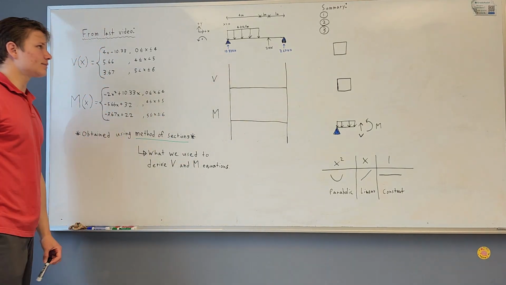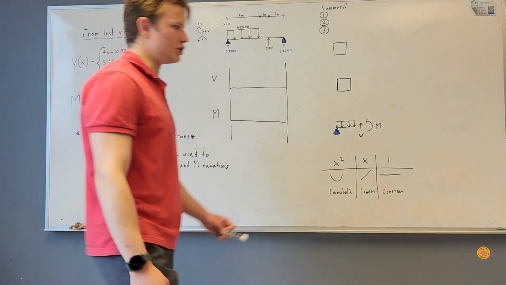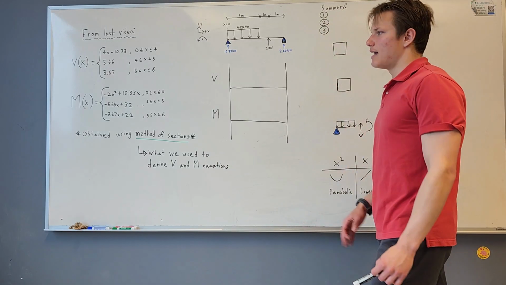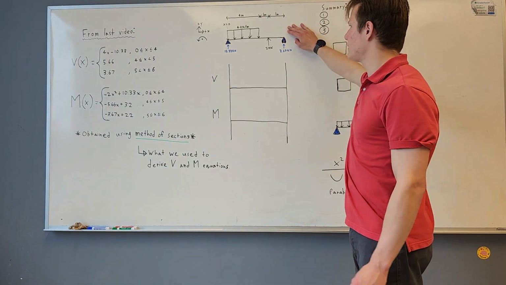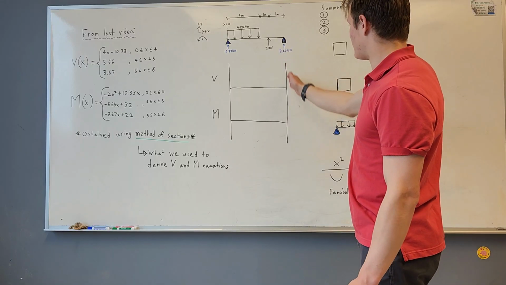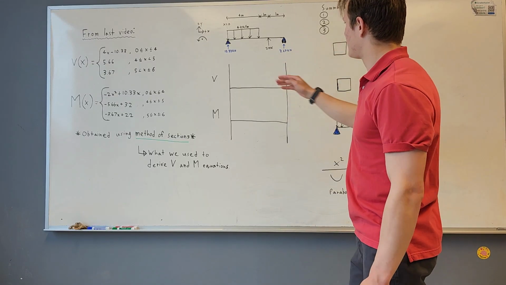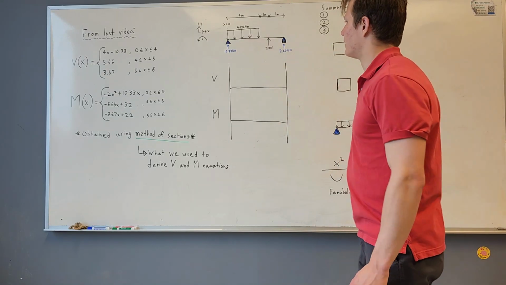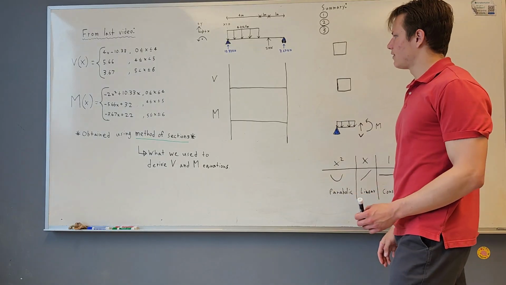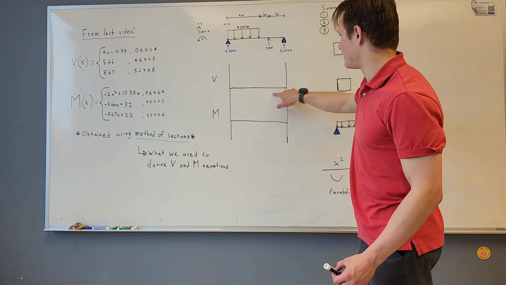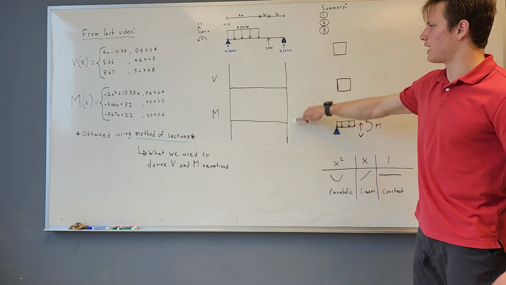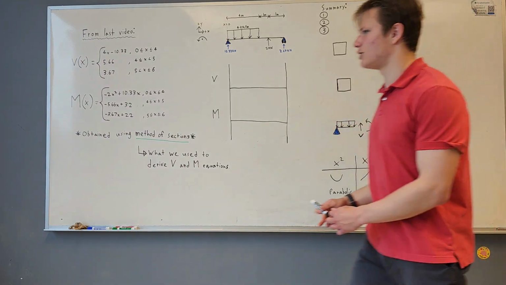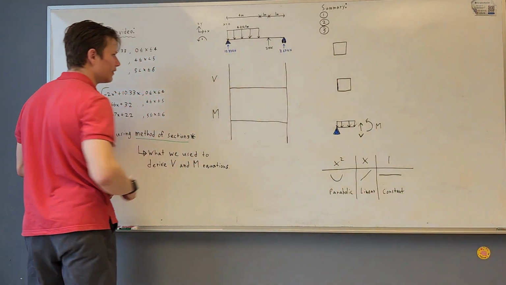So the first step to drawing our shear and bending moment diagram is to go over to your free body diagram of the beam and start by drawing a vertical line under the rightmost point and a vertical line under the leftmost point. Once you've done that, you want to add 2 axes, one for shear and one for moment, and these will be the 2 locations where we plot each of shear and moment.